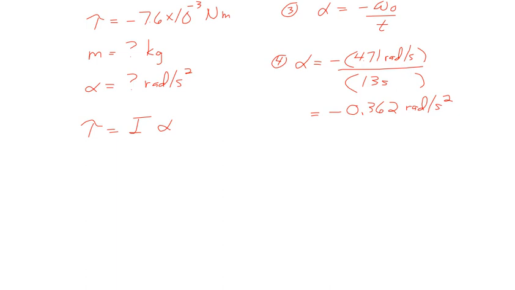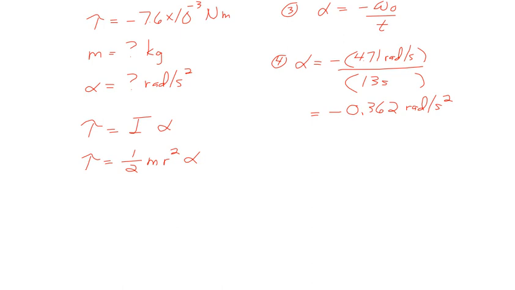They said to treat it as a uniform disk, which is a cylinder. And what's the formula for the moment of inertia for a cylinder? 1/2 mr squared. So this becomes 1/2 mr squared alpha.